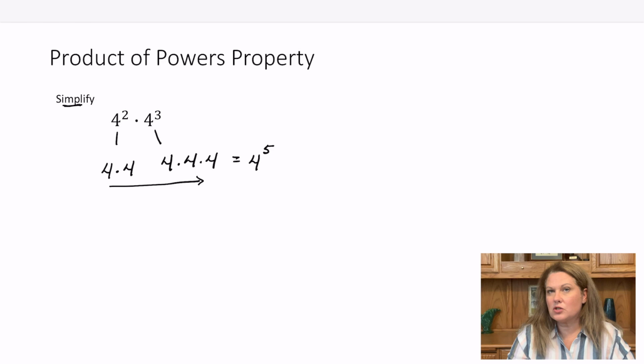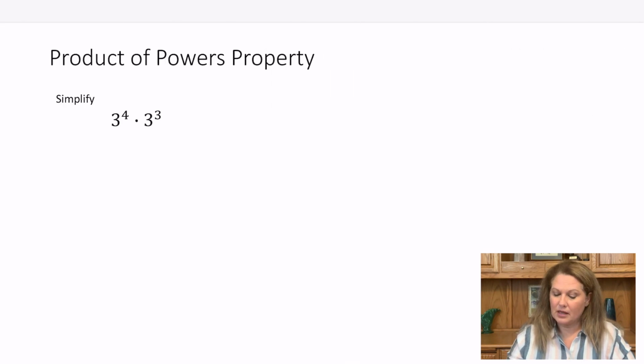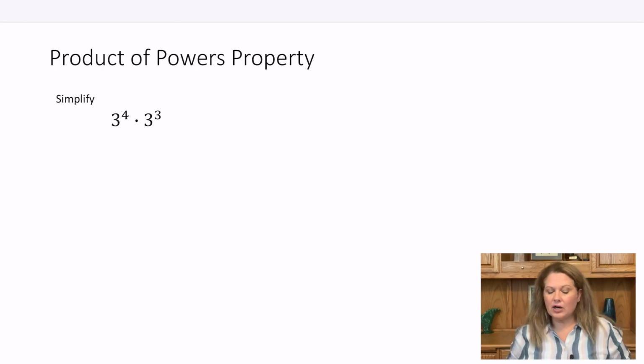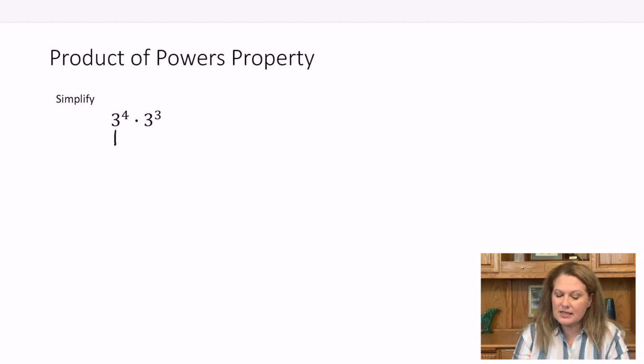Have you noticed a shortcut? There is one. Let's do one more and see if you see it, because this is the background for the product of powers property. So our example here is 3 to the 4th power times 3 to the 3rd power. If we extend 3 to the 4th power out, remember that's 3 times 3 times 3 times 3.